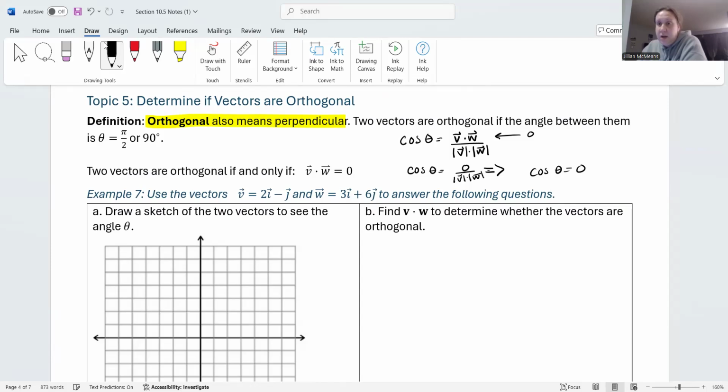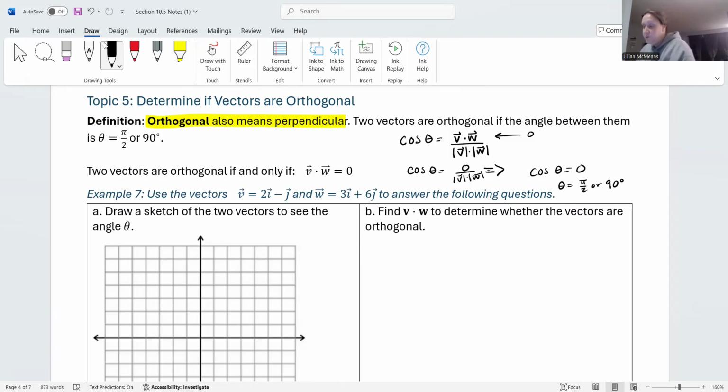Well, when does cosine equal 0? Cosine equals 0 at pi over 2. So here, theta is pi over 2, or 90 degrees. So it makes sense that if our dot product is 0, we have perpendicular or orthogonal vectors, because if we take the angle between vectors theorem and plug in 0 for the dot product, we get cosine of theta equals 0, and cosine equals 0 when theta is pi over 2.